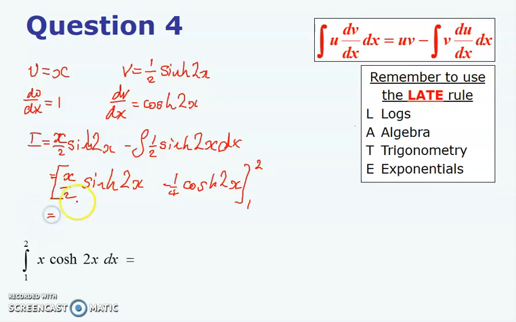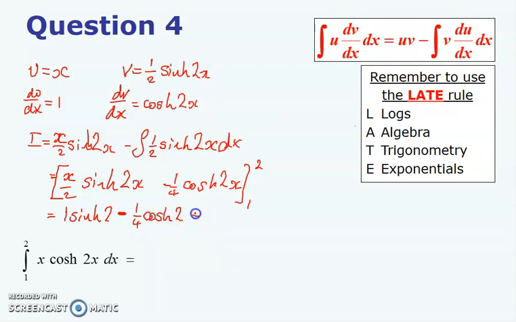So if I put 2 in, immediately I get 1 sine 2. Now you can't really work these out very well, so you're not going to get great answers. Minus a quarter of cos 2.